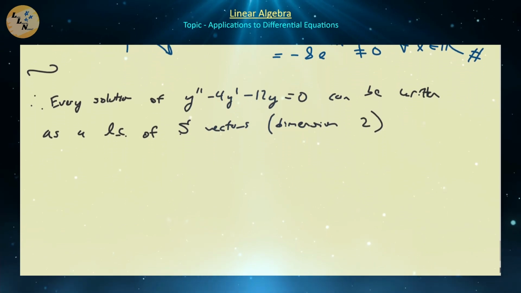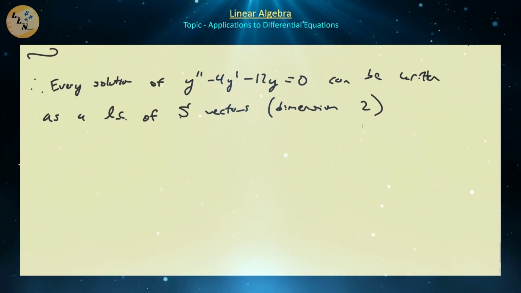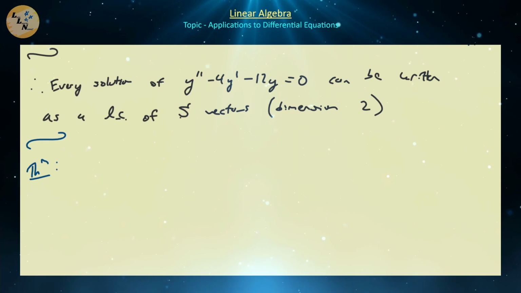All right. Now, we've only shown this for 2 vectors, but technically we can take that Wronskian and extend it with that general definition. But I'll give this as a theorem, and you can do mathematical induction on this if you want.